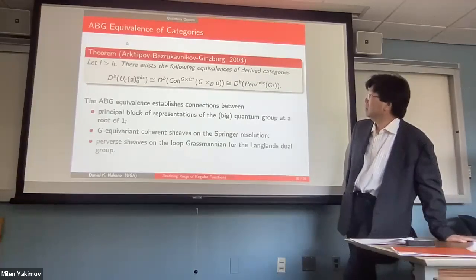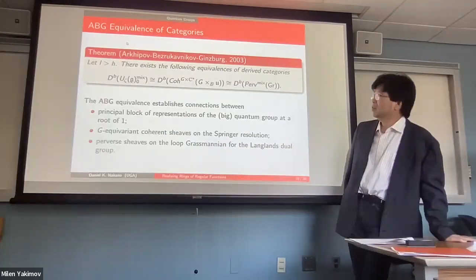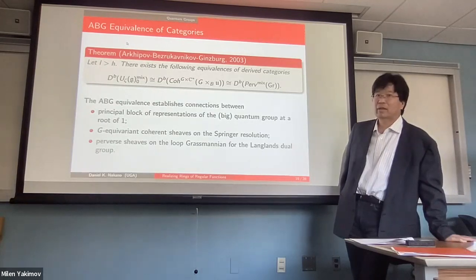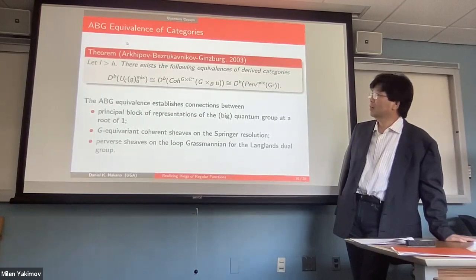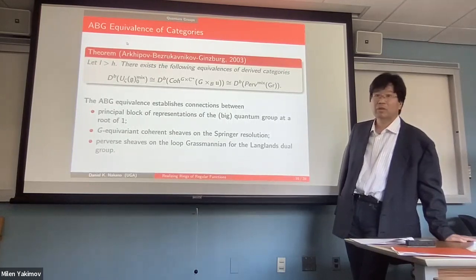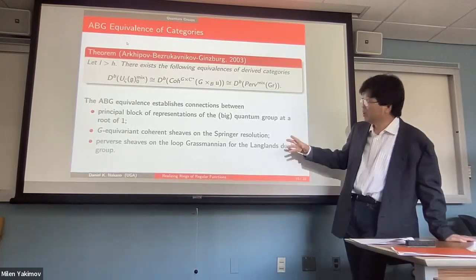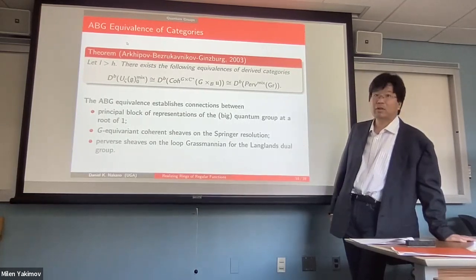If I replace the big quantum group here with the small quantum group, does the thing in the middle become coherent sheaves on the nilpotent cone? I'm not sure. There are a lot of really subtle issues that they had to deal with. This was maybe the cleanest way to state this equivalence. You may be able to tweak it some, but I'm not an expert on the technicalities.